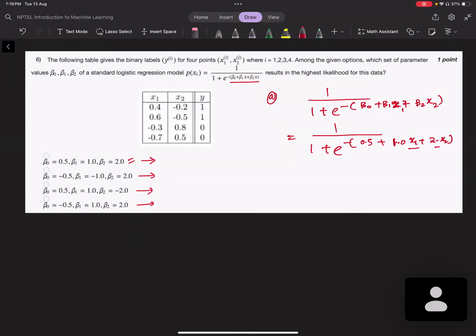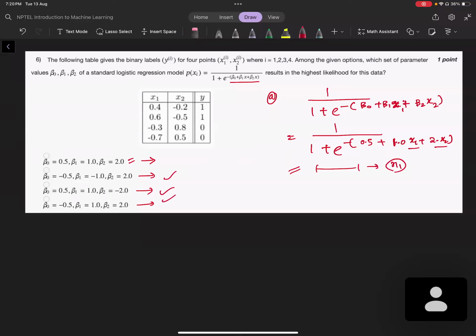You take the x1 and x2 values for these 4 points and put them in, and you try to find the cross entropy loss, right? Okay, likelihood. So you have to find the log likelihood of this, and you'll find 4 points. You take the average and you'll get a number 1. Similarly, you get number 2, 3, and 4.